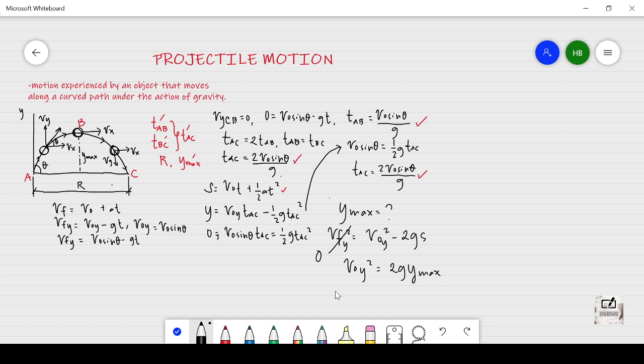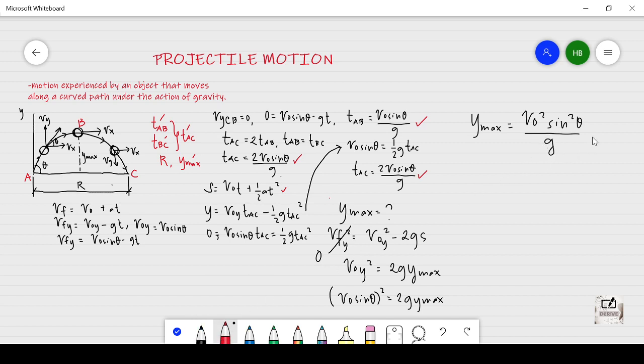Okay, so your Voy squared is Vo sin theta, of course, squared, becomes 2g Ymax. So divide both sides by 2g, and there you have it. Your maximum height attained by the particle is Vo squared sin squared theta over 2g. Okay, and there you have it.